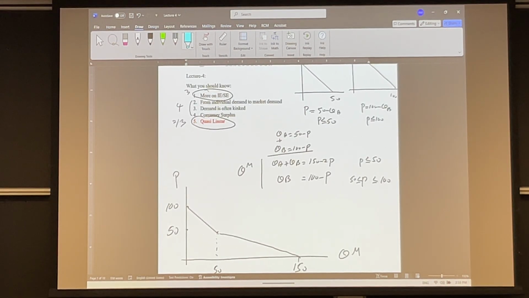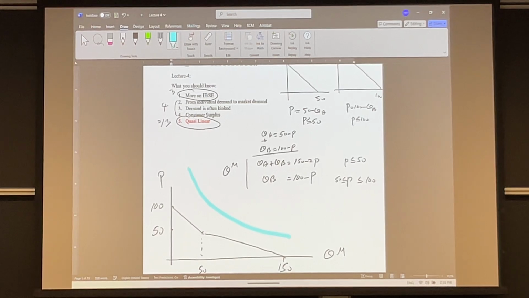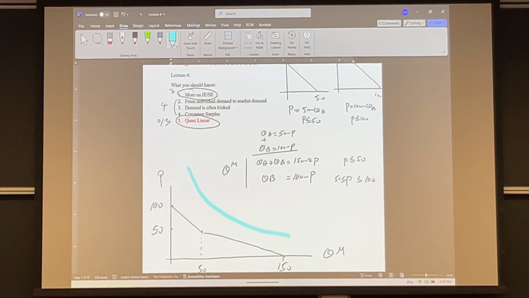If you have like 100 consumers with 100 different reservation prices, the demand looks very much convex, because the lower the price, the more people join in, and the flatter the demand becomes. That's the reason people use Cobb-Douglas, because they basically give you convex demand, which is sort of appropriate at the aggregate level. So kinked demand, at the market level with many consumers, gives you convex demand. But in this case, we have just two people, so obviously you're not going to see convexity.